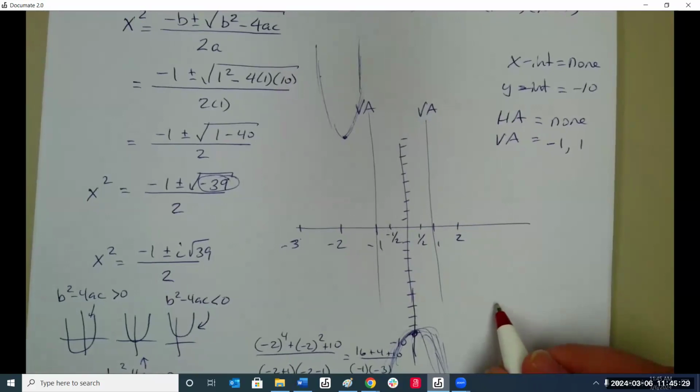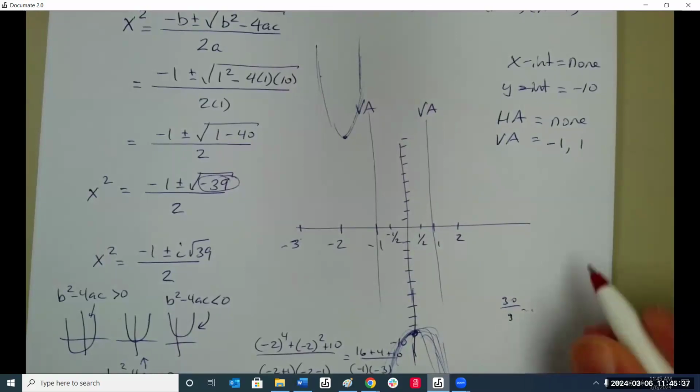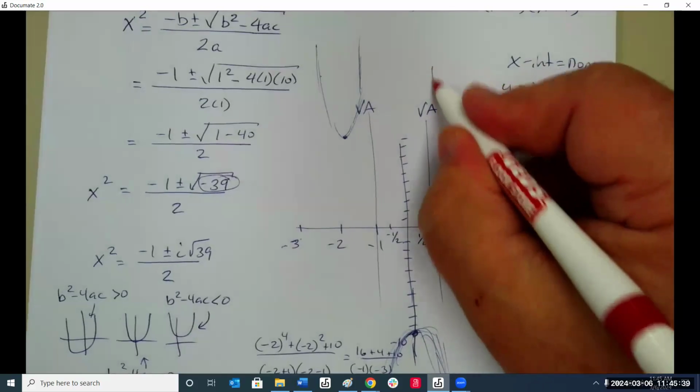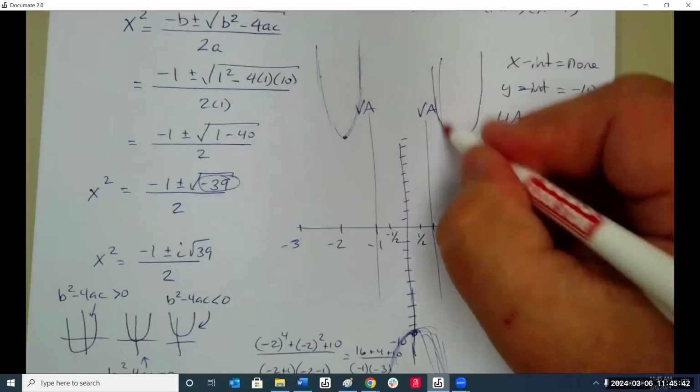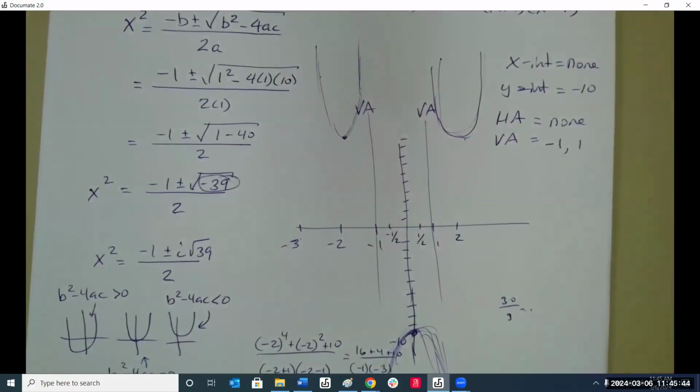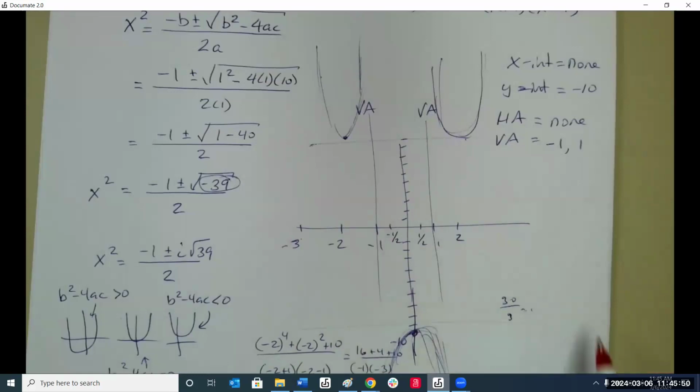+2 will have the same numbers on top. 30 over 3. There. That's the reason it really doesn't have a horizontal asymptote, because in essence it really has two of them at plus or minus 10.